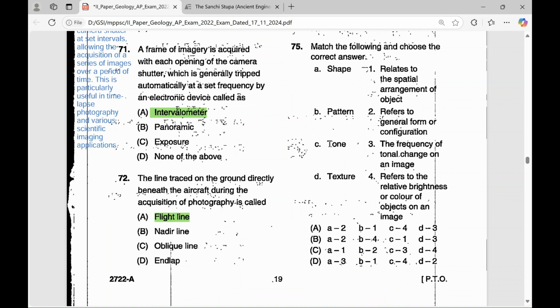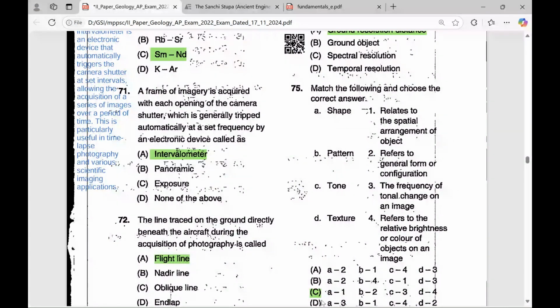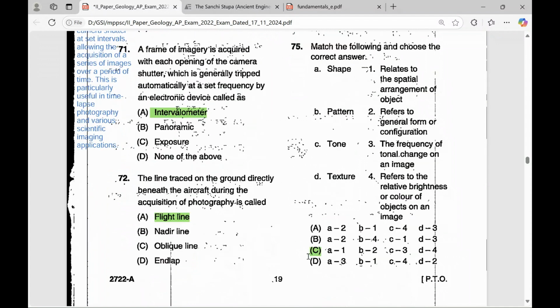It's pretty easy for tone. Texture we know. If you have read remote sensing, it refers to the relative brightness, right? So when it comes to shape and pattern, what is it? So what will be the correct answer?